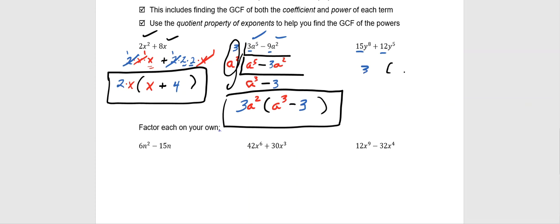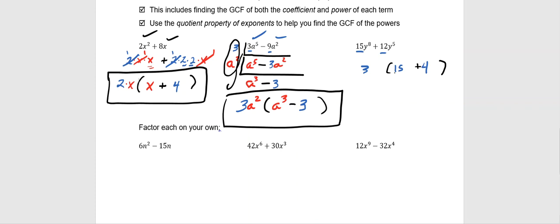And I'm going to start to build my binomial as I go, so I can keep track. 15 divided by 3, I know, is 5. I'm going to leave some space. I'm going to put my plus sign in, and my space here is for the variable that's going to have to be accounted for here. 12 divided by 3, we know, is 4, and I know I'm going to have a variable term here.